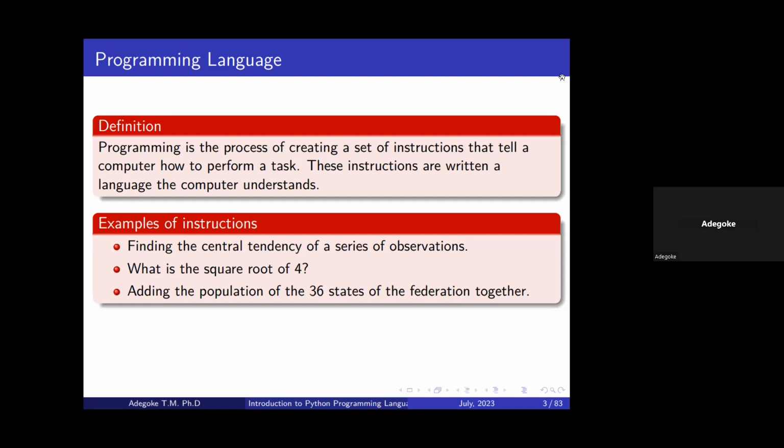There are two languages that a computer understands, which are zeros and ones. So for the computer to understand these zeros and ones, there is a way we need to set up and give instructions to the computer to perform that particular task.